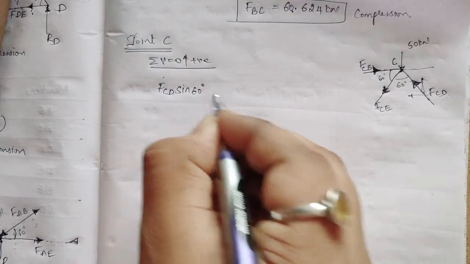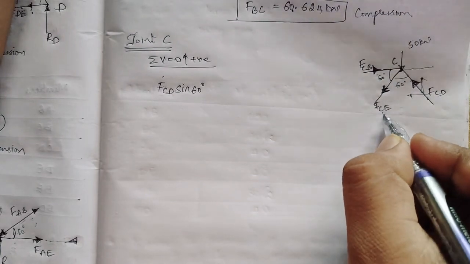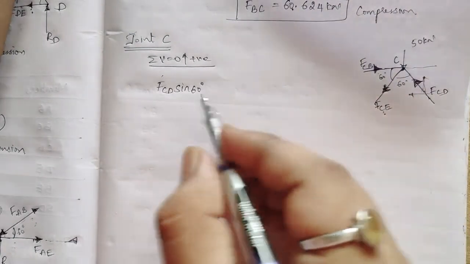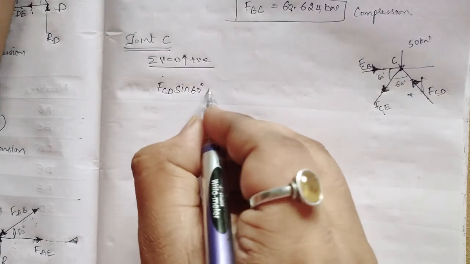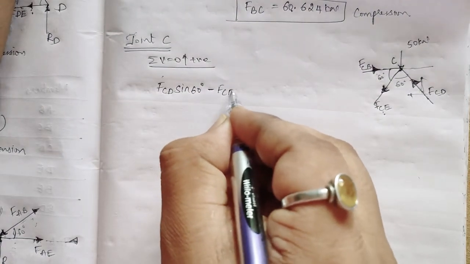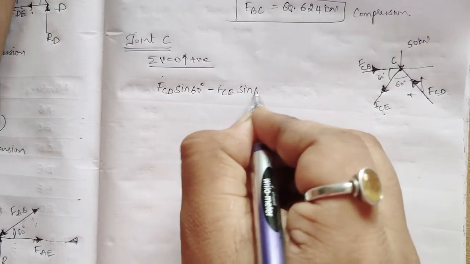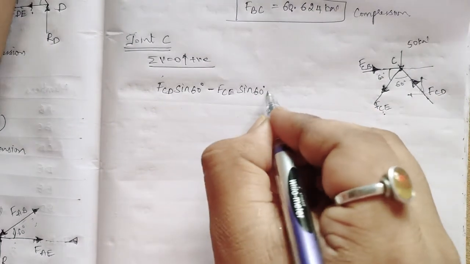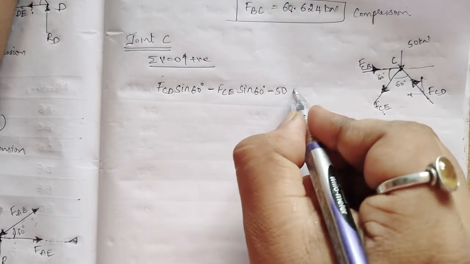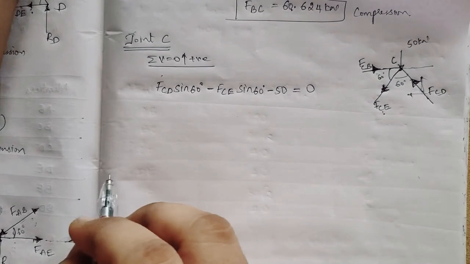Then FCE is going upwards, so it should be negative, that is minus FCE sine 60 degree. Next minus 50 also coming downwards, 50, is equal to 0.